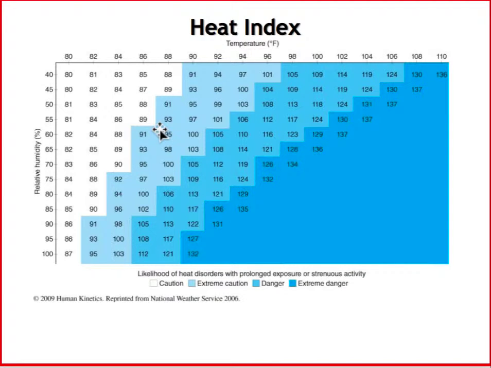What this means is that when you're in caution or extreme caution, you should be cautious in how long you are outside, and specifically outside exercising very vigorously, because our body's only 25% efficient. That means 75% of the energy that you consume while you're exercising is lost as heat.